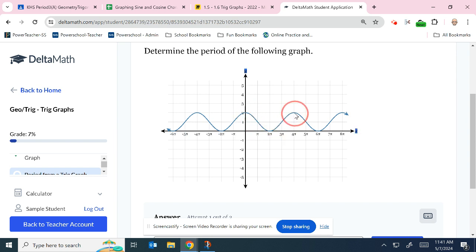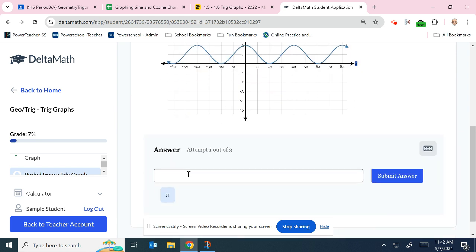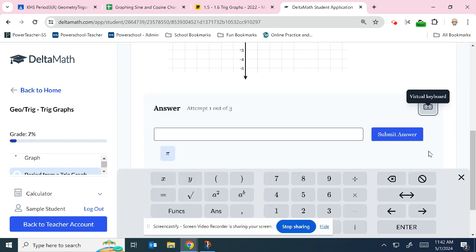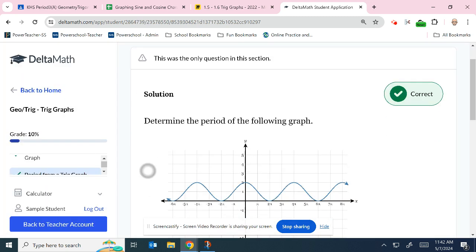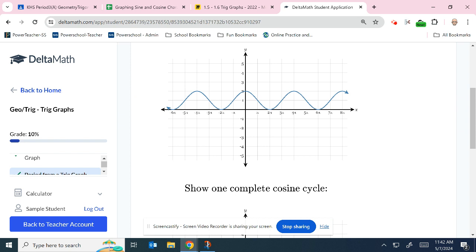So what is one V shape? One V shape starts at 0 and ends at 4 pi. That's one V-shaped curve, one rotation. So your period on here is 4 pi. It's one rotation, one bow tie, or one V is going to represent your period on the graph.